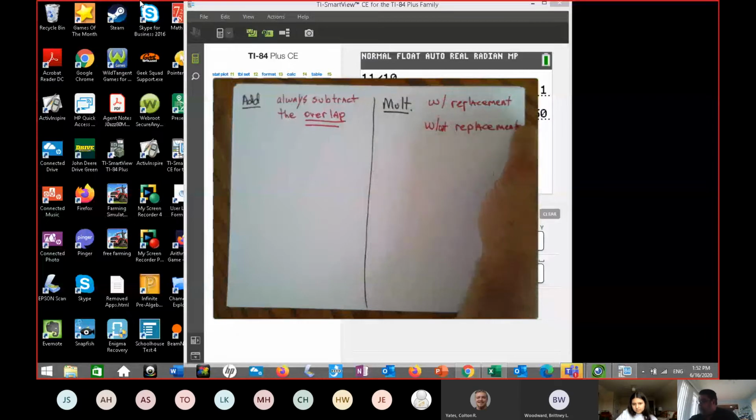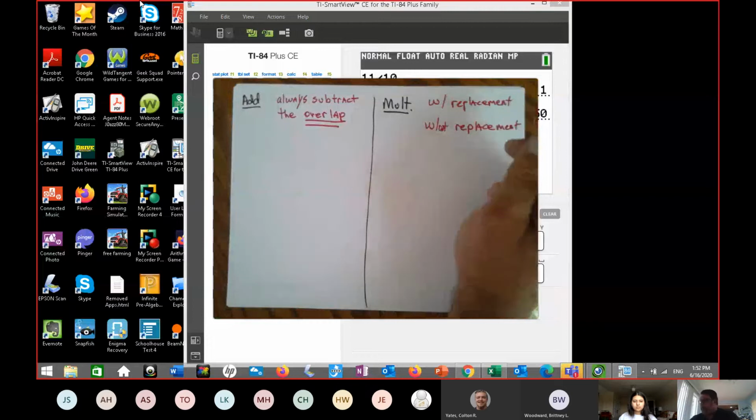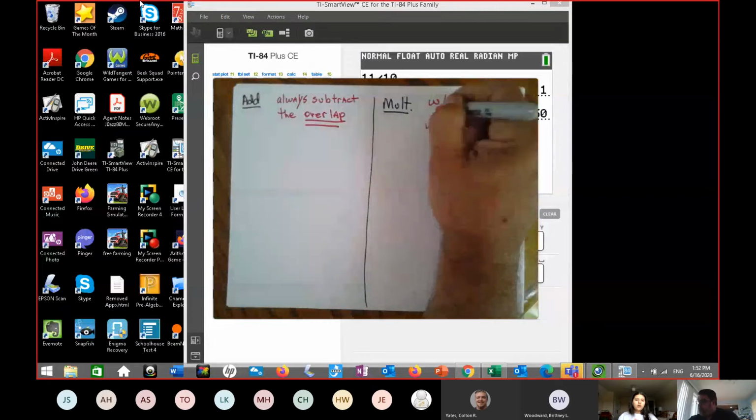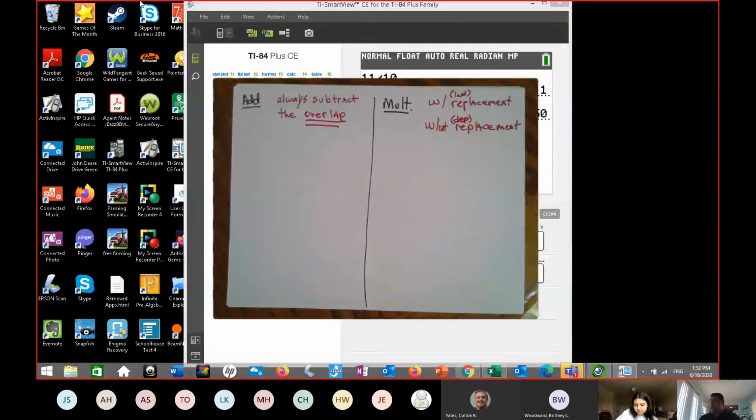Without replacement means that you pull a marble out and you put it in your pocket. That means that with replacement is independent, and without replacement is dependent.